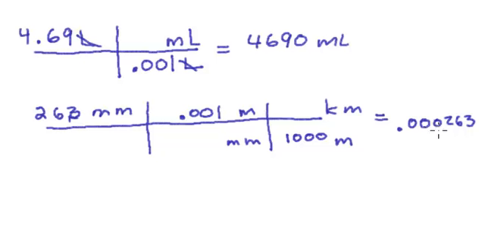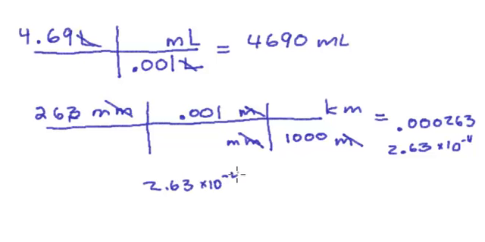Notice I would move the decimal 4 places. So I'd get 2.63 times 10 to the negative 4 kilometers. And that makes sense because I started with millimeters, which are very small. I'm ending with kilometers. Kilometers are big, so there shouldn't be very many kilometers in 263 millimeters, and in fact there's not.